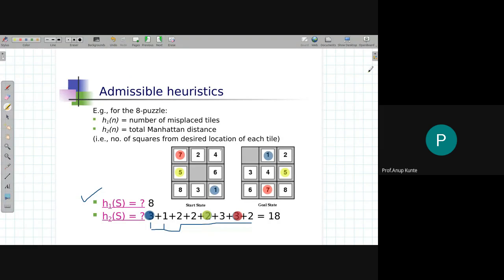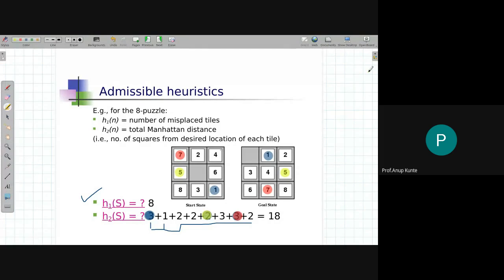Now it is clear that calculating H2(n) in this particular case is computationally more challenging than calculating H1(n), because H1(n) just needs you to test 8 or 9 equalities in order to know how many misplaced tiles there are.